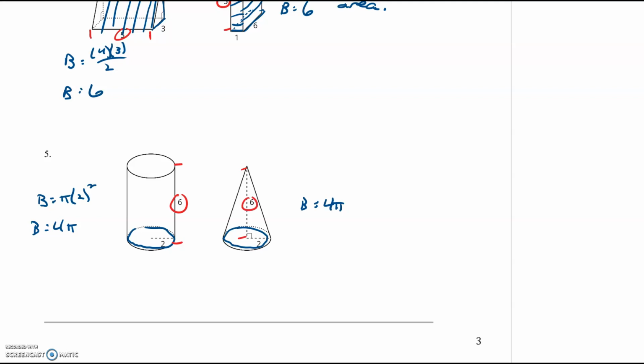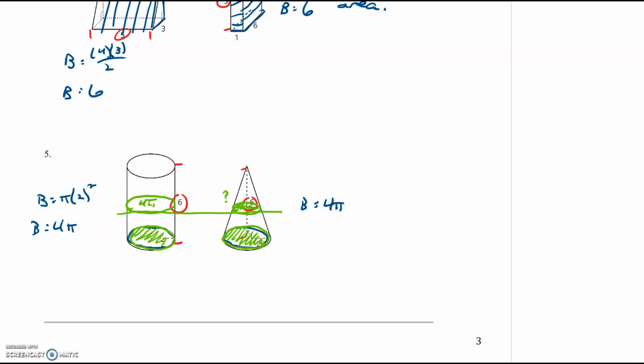So far so good. However, if I start cutting cross sections, the only cross-sectional area that will be the same is the one on the very bottom down here. These are the only areas that are going to be the same. If I cut a cross section at a different height, notice that this cross-sectional area is going to be very different than this one. This one remains 4 pi. This one changes.